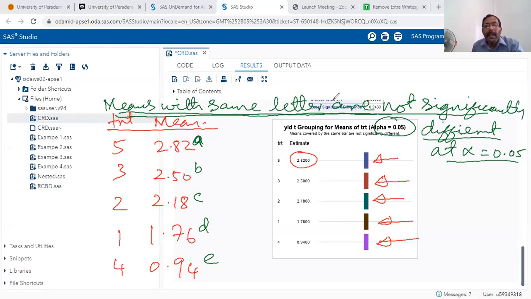If you write it the other way, means with different letters are significantly different at alpha 0.05. So that means, do we have a difference between these two?